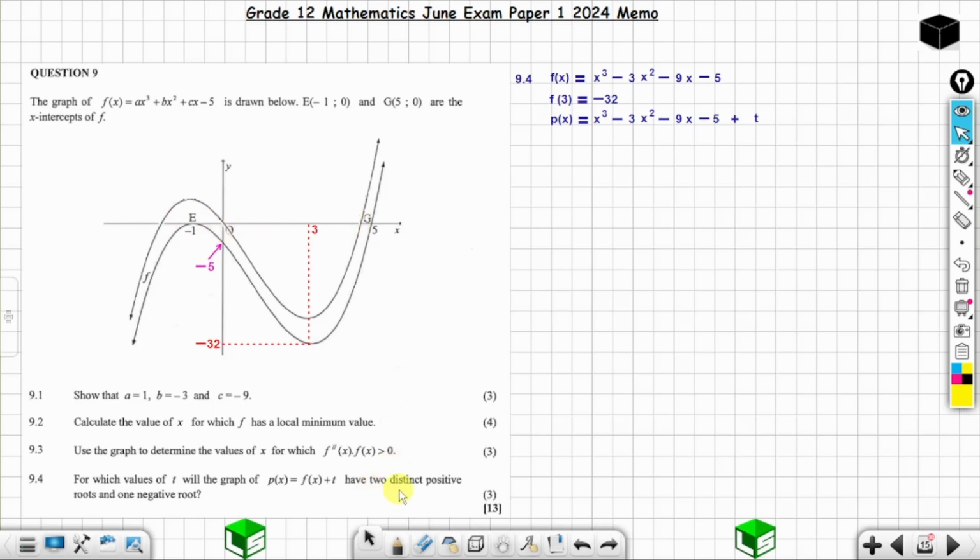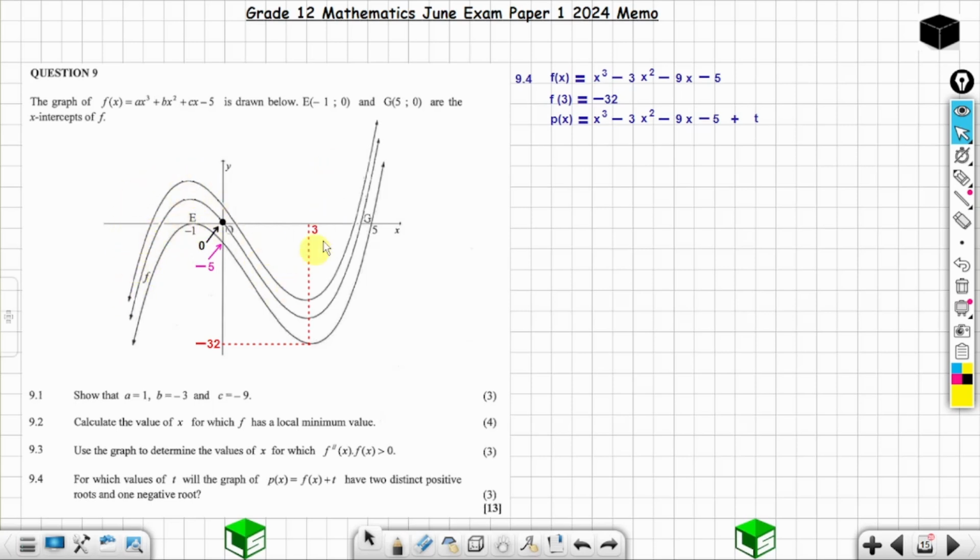We want two distinct positive roots, not one positive root and a 0. Can you see? So we have to shift again.